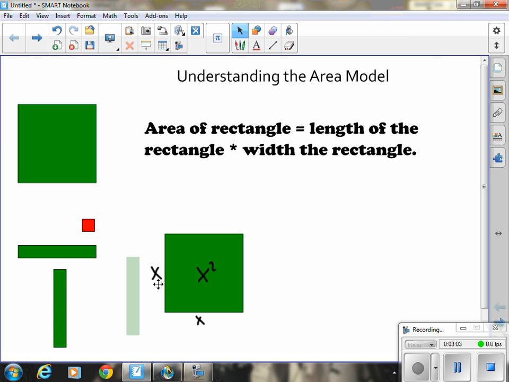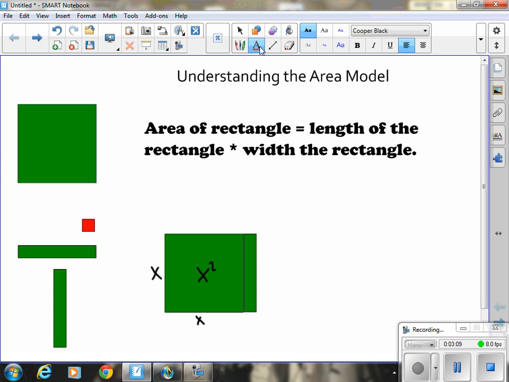Now let's say I bring in this piece to the side. If you think about how it is built, it has the same length as the square, correct? So this side is x. This side has a unit length of 1, representing 1 unit. So this piece has an area of 1 times x, which is x.